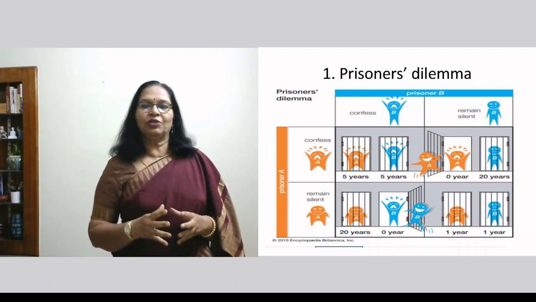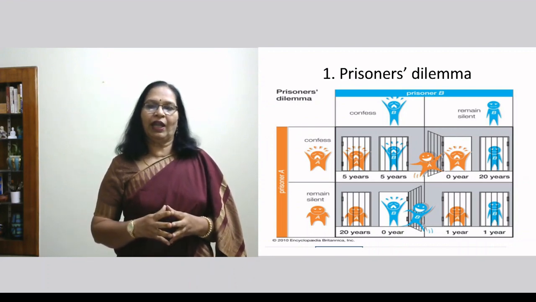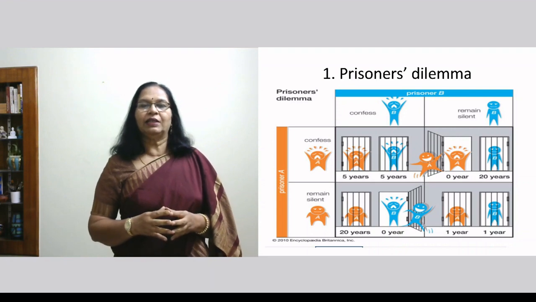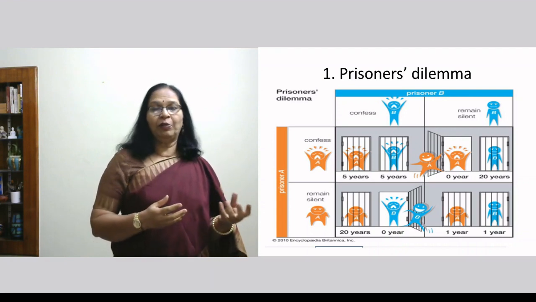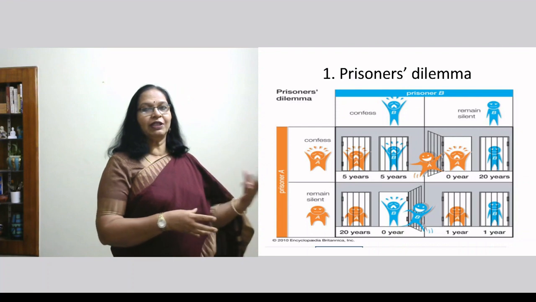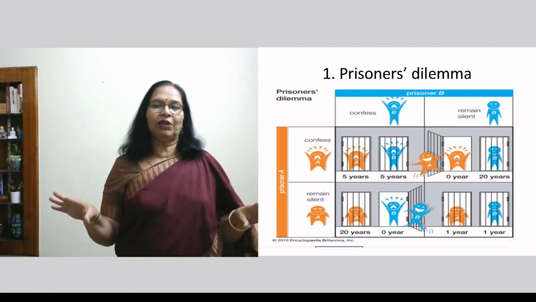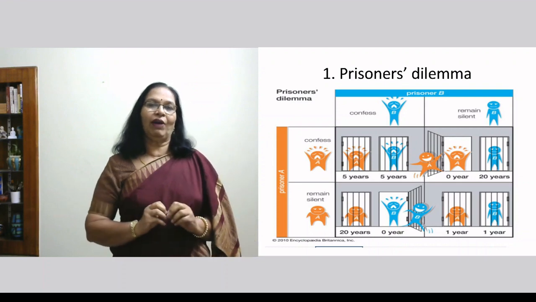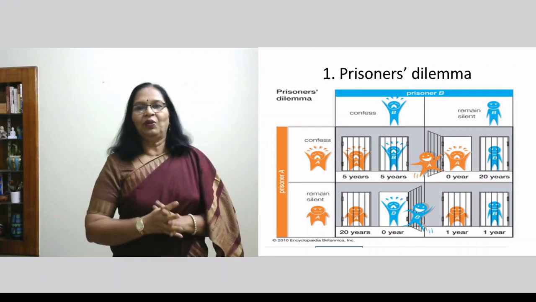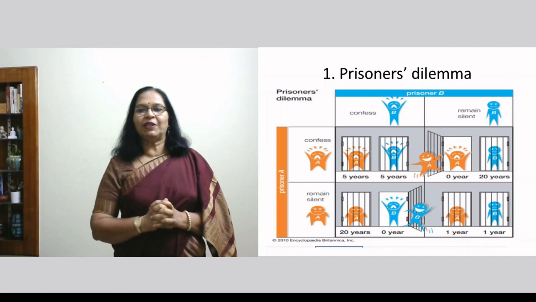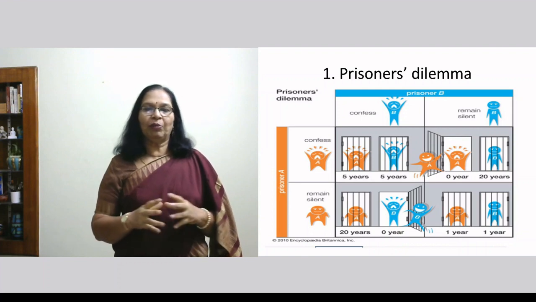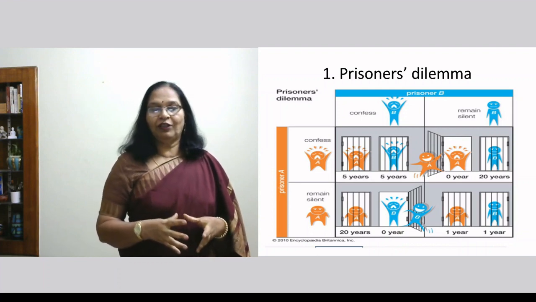The police tells prisoner A and prisoner B that if individual A confesses independently and individual B confesses independently, so both of them confess, then both of them will get 5 years in jail.